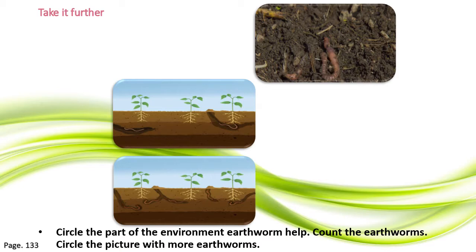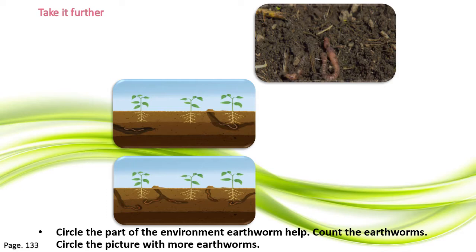So, what do you think earthworms can do to help and change the environment around them? Well, earthworms, like the ones we see in the following pictures, make tunnels in the soil. These tunnels let water and air in, and by this, they give plant roots space to grow.